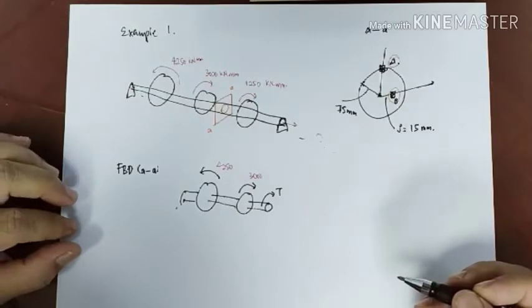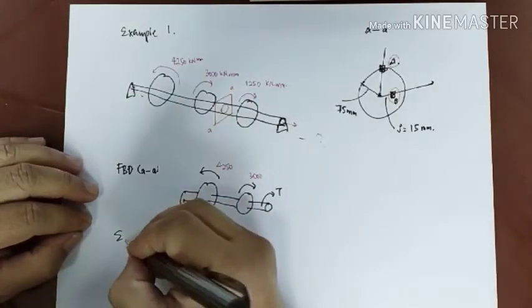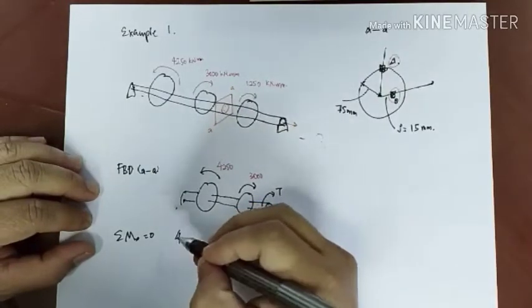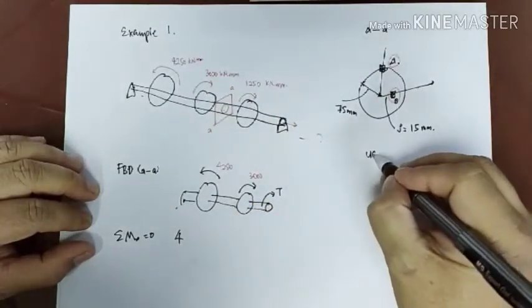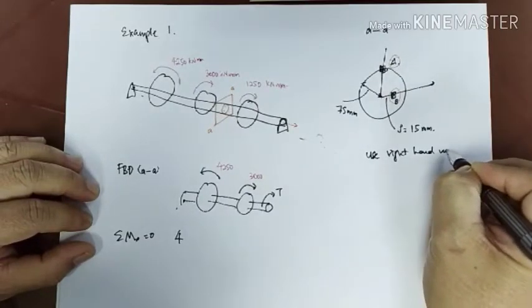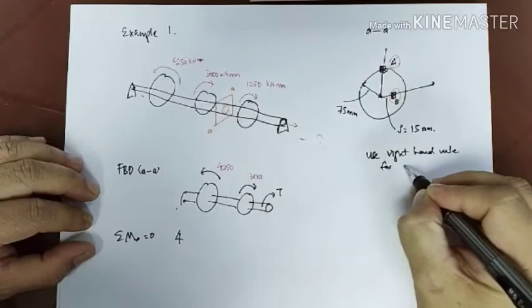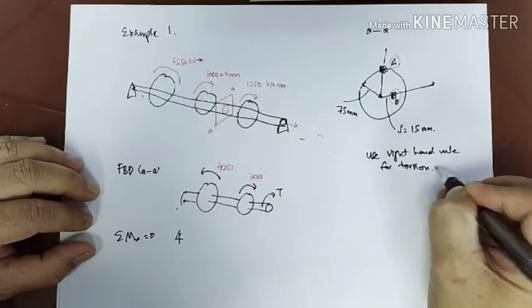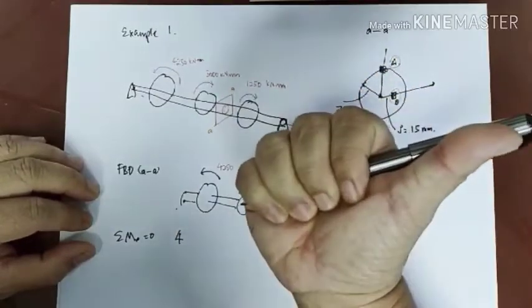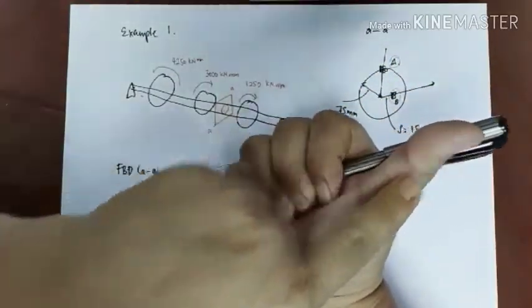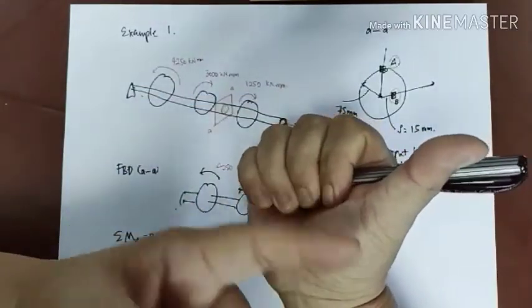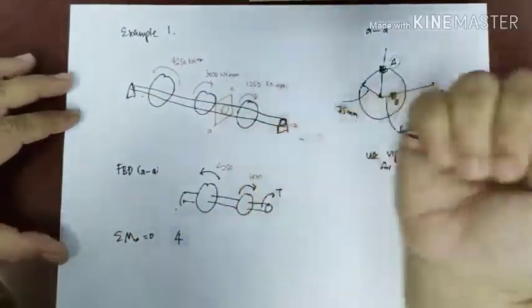Summation of Mx equal to 0. First you have to use the right hand rule for torsion. Your thumb represents positive if the thumb is moving outward.